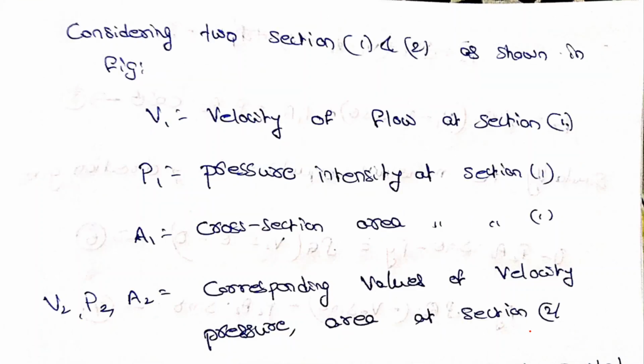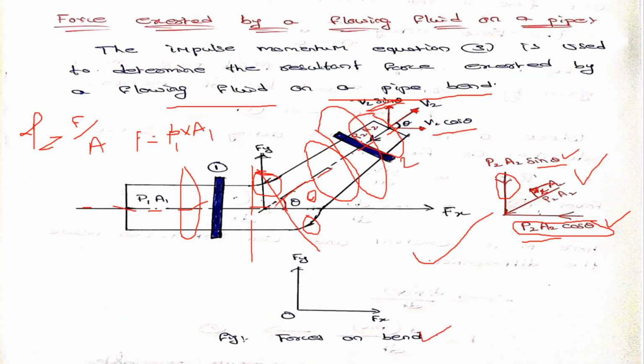In this section we can say P2, A2 and V2. Okay, and tell me one thing, what will be the initial velocity? Whenever we are seeing initial velocity, it means 0. Initial velocity will be 0.